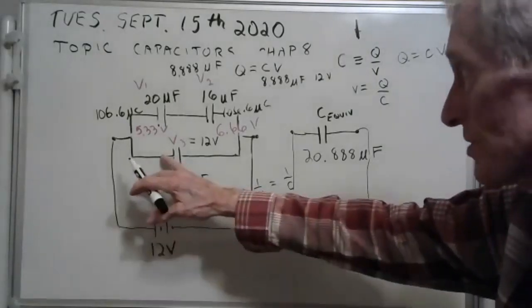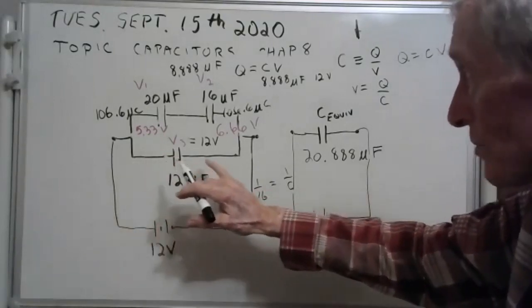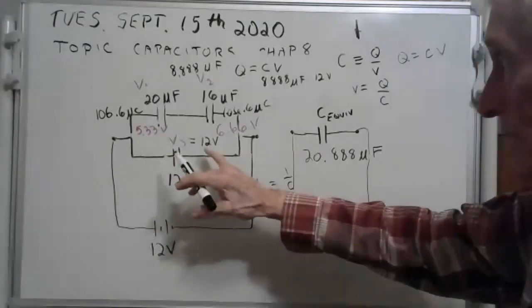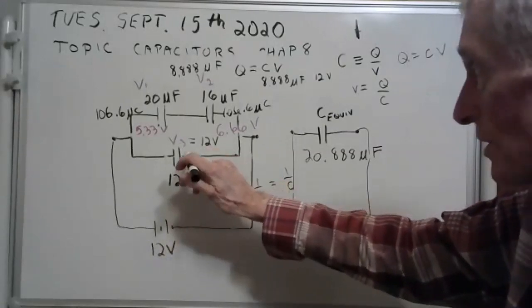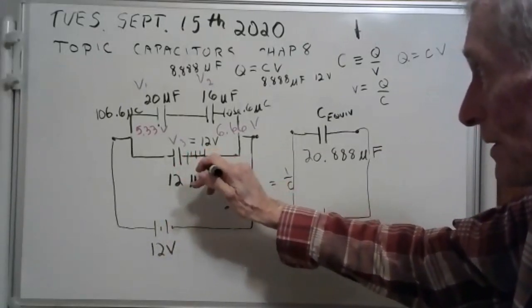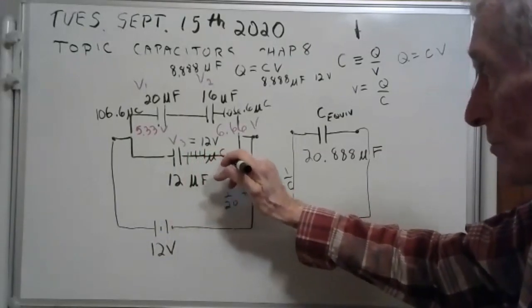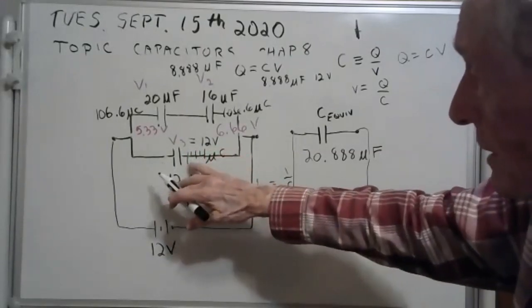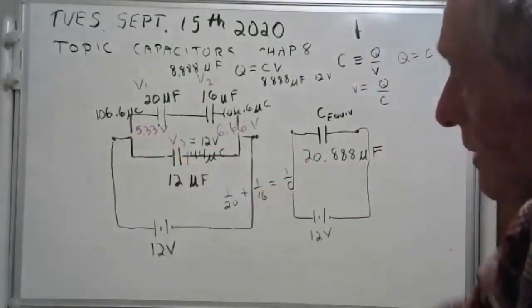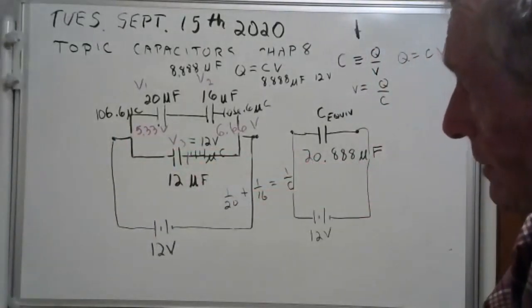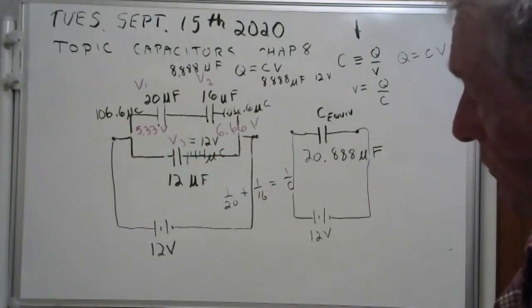Did we get the charges on this one? Q equals CV. What's the C? 12 microfarads. What's the V? 12. Well, that gives you 144 microcoulombs on this one. Now the total, if you add that to that, what does that make? What's 106 and 144?